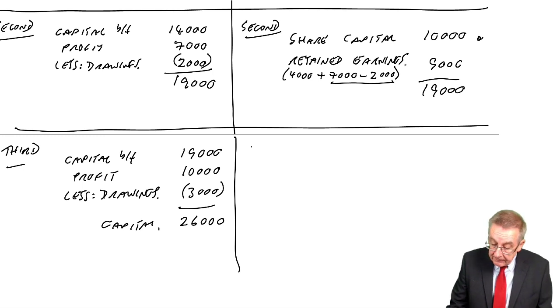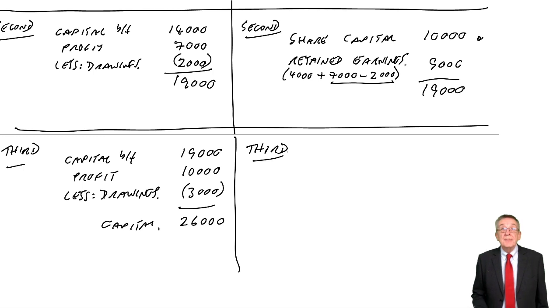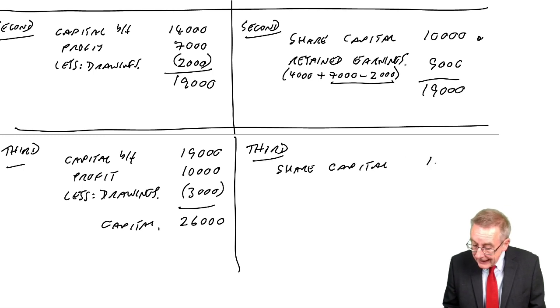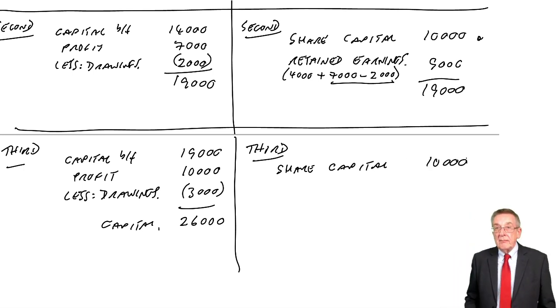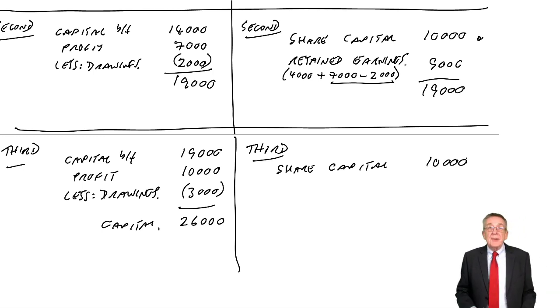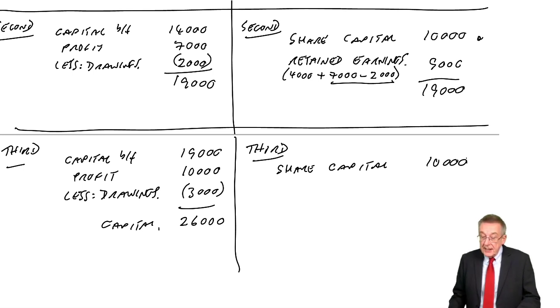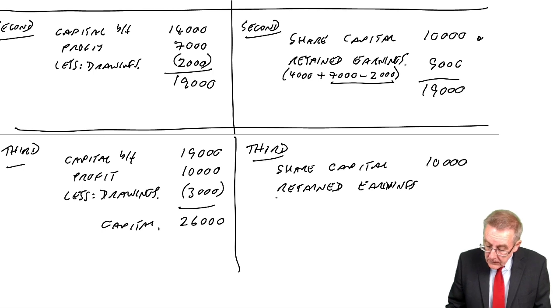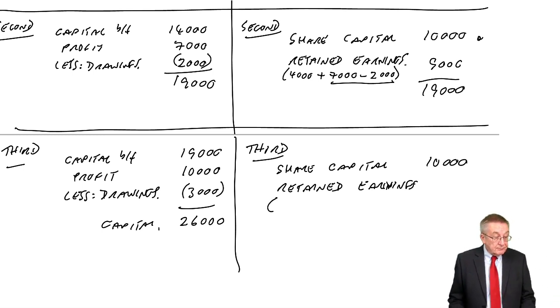It'll be exactly the same in total for a limited company. But again, the presentation is different. The share capital is always kept separate and is 10,000. The extra owing is all the profits that have ever been kept within the business, the retained earnings. And what's it gone up to now?